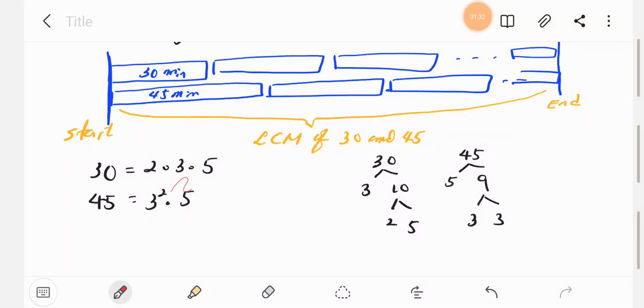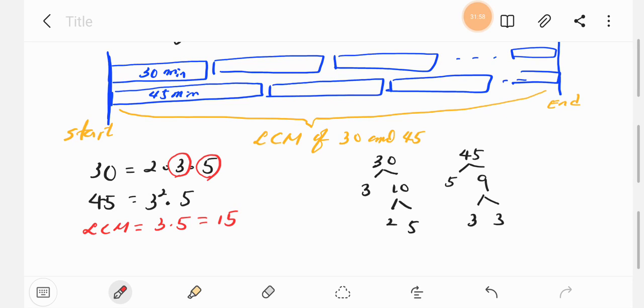This one has power 2, and this one has power 1, so select this one. And for 5, there are two, 5 is a common factor and their exponents are the same, so select any one of these two. So from here, the result is 3 times 5, which is 15.